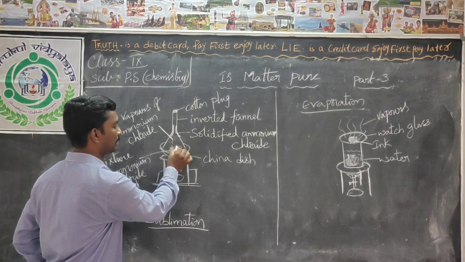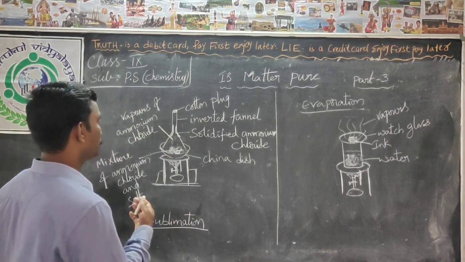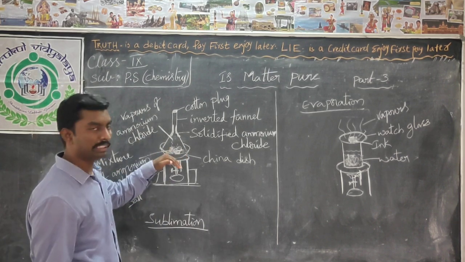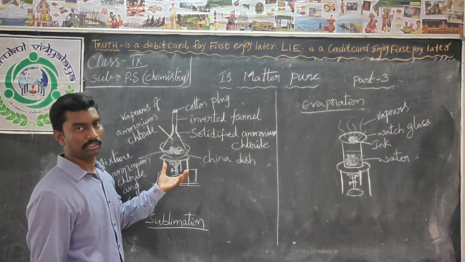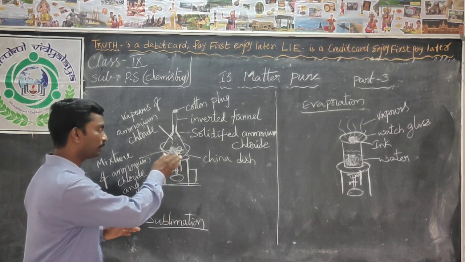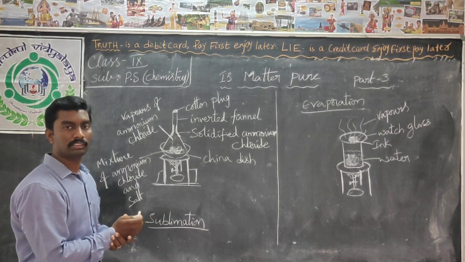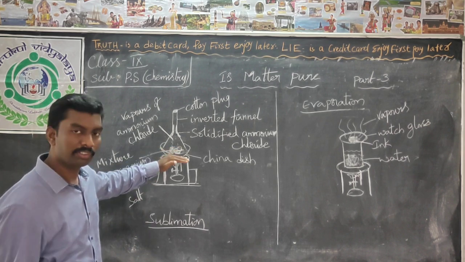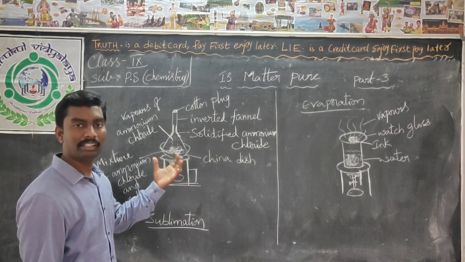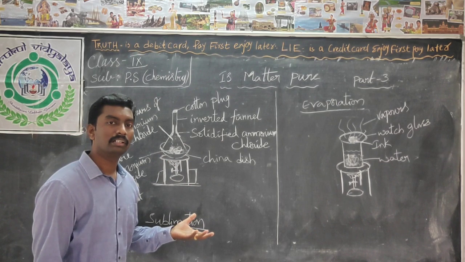Slowly the vapors rise up from the mixture. These are the vapors of ammonium chloride. The salt will settle in the china dish only. Both ammonium chloride and salt are in the china dish, but ammonium chloride will rise up. You understand? Salt will be left in the china dish, and ammonium chloride, due to the heat, will convert into the form of vapor.